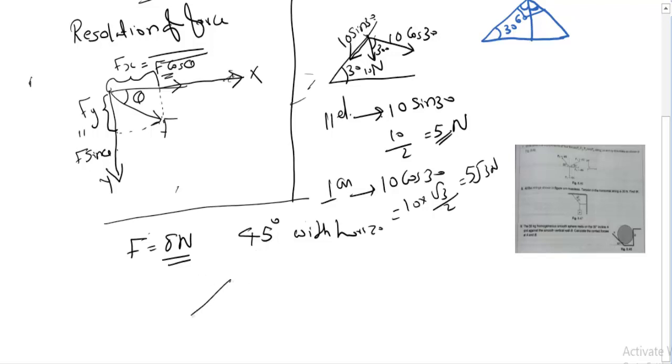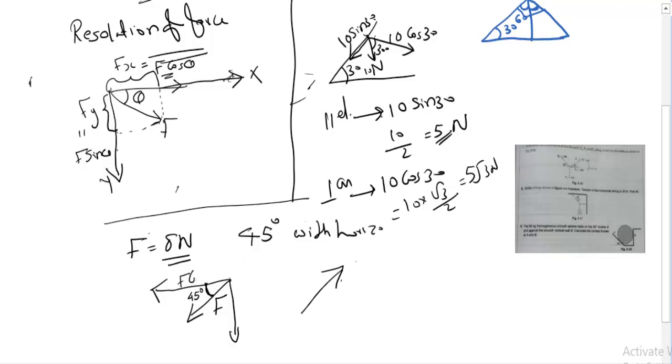Okay, so F is acting like this. It is not compulsory that it always acts like this; you can represent the force like this also. It can be divided into two components, and this makes an angle 45 degree with respect to the horizontal.